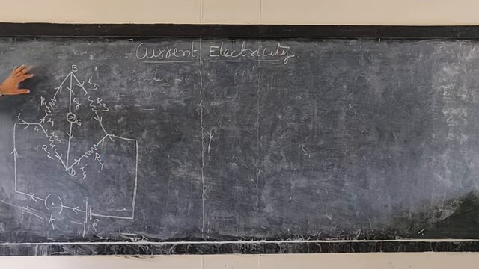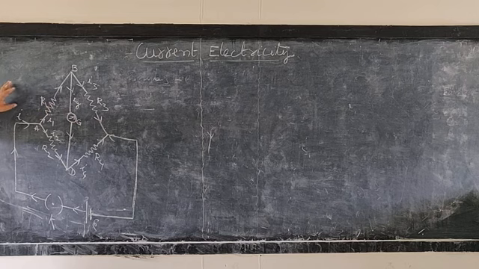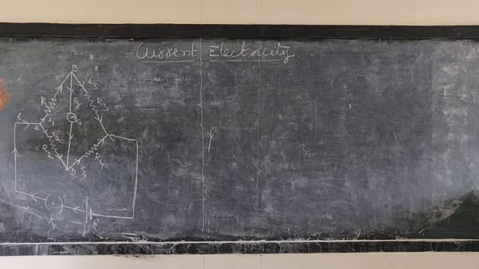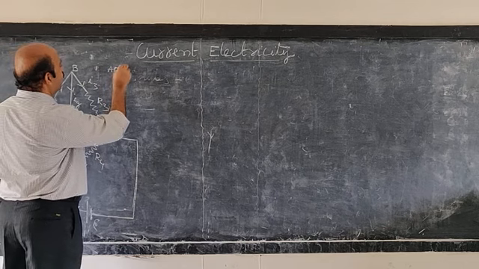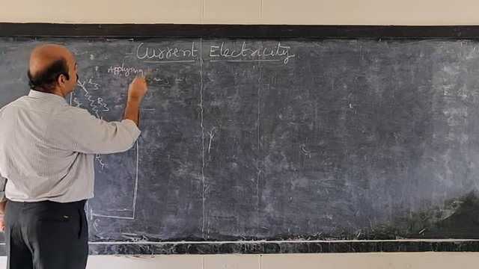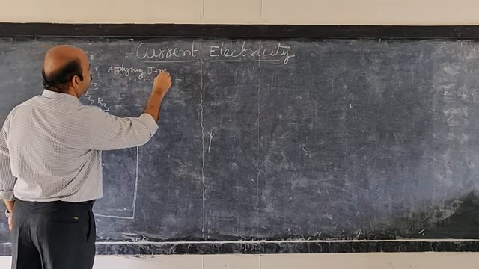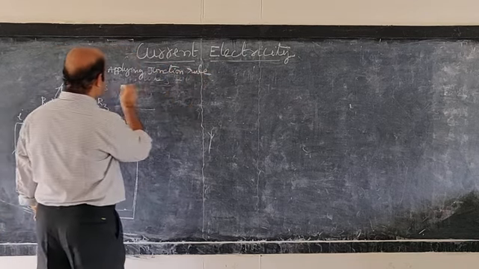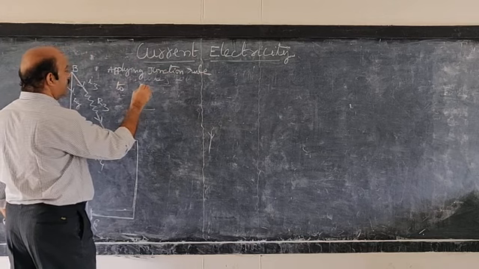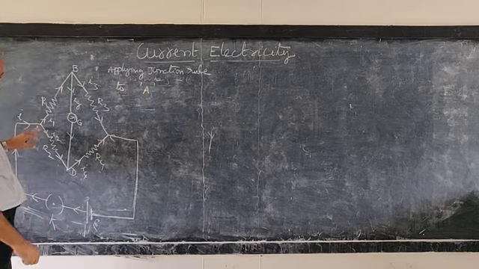Now we will first apply the junction rule to these junctions, and we will write the relation between the currents, and later we will apply the loop rule. So applying junction rule to junction A. First let us apply here.